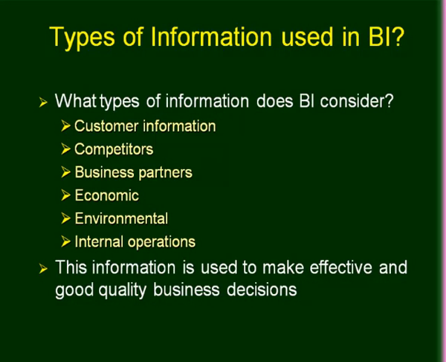BI should consider customer information, competitors' information, business partners' information, economic information, environmental information, and some internal information about the internal operations. This information is used to make effective and good quality business decisions.